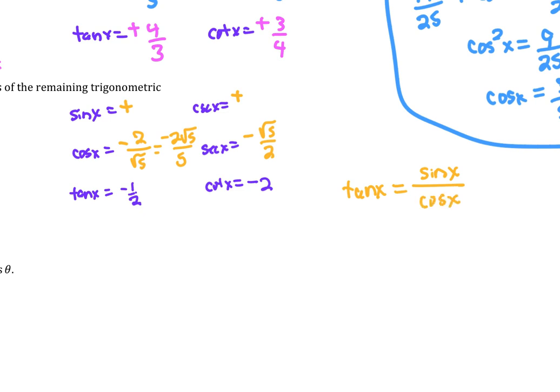So tangent of x is negative 1/2 is equal to sine of x over negative 2 root 5 over 5. That's not very pretty, but it works. Okay, sine's getting divided by that, so in order to solve, we're going to multiply by that.